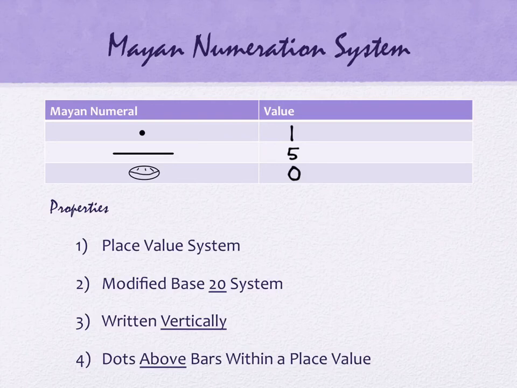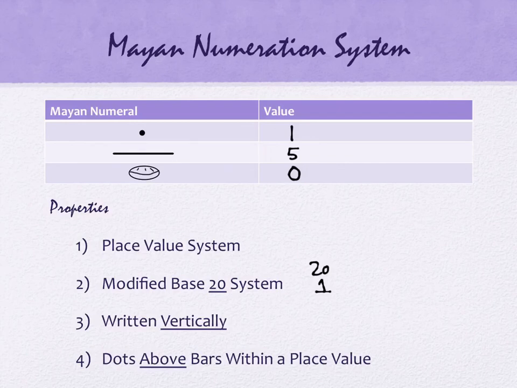So let's talk about what modified base 20 means. If it were base 20, it would be like we had before with the 60s. We'd have the 1s place, the 20s place, the 20 squared, the 20 cubed, and we'd keep going, right? Well, their modified base 20 system has the 1s place, and then it has the 20s place. I'm writing them from the bottom up because that's how their numbers are going to line up. Bottom is the lowest value, and then the next place value is 20.